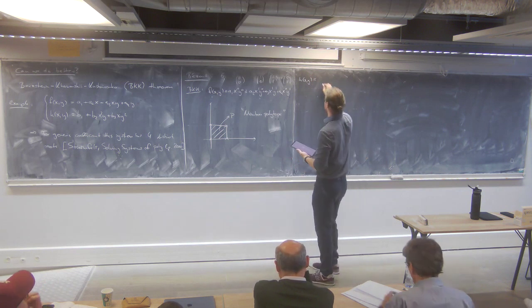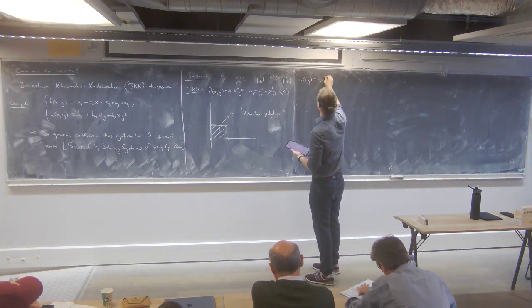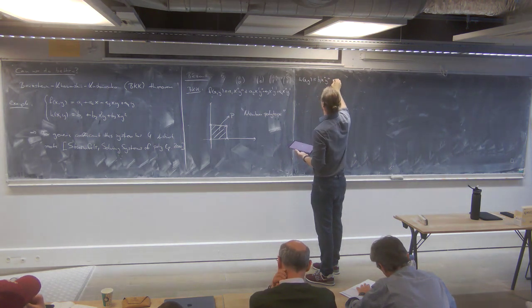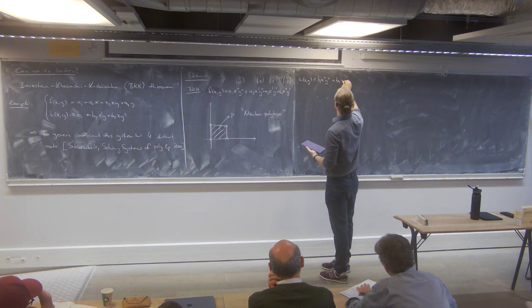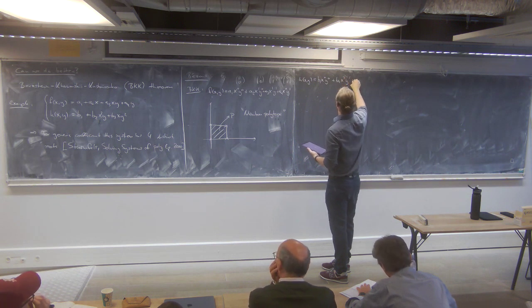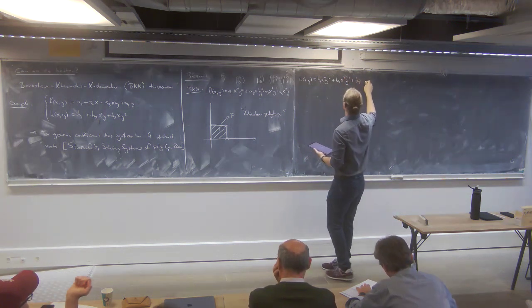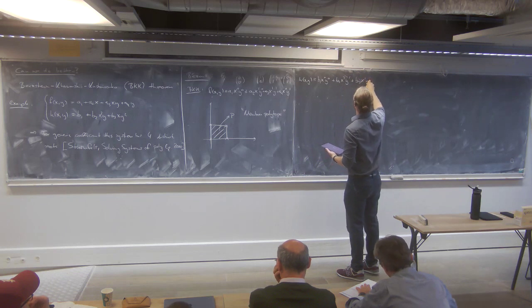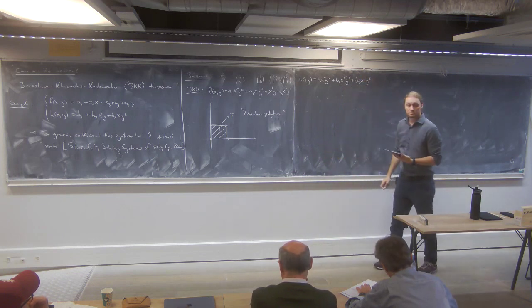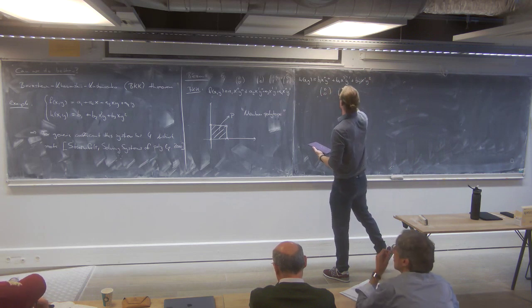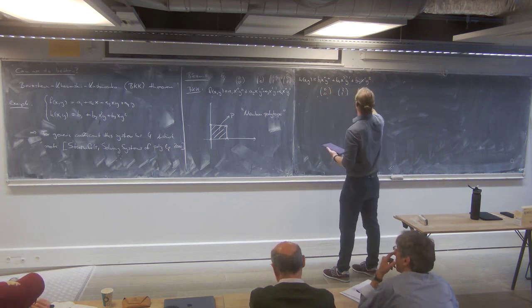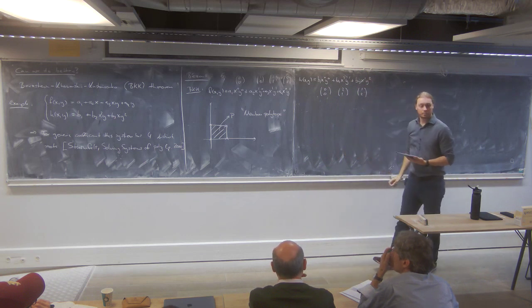Let's do the other one for h. h of x, y is b1 x^0 y^0 plus b2 x^2 y^1 plus b3 x^1 y^2. Okay, so we get the points 0, 0, 2, 1, and 1, 2.